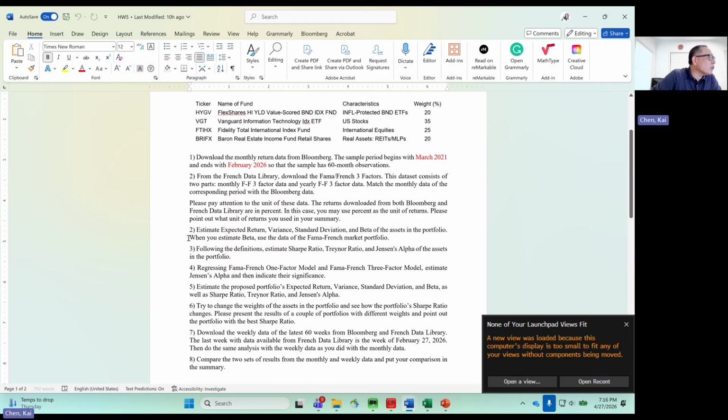From step 1, I think here there is a typo. There should be 1, 2, 3. This one should be 3, right? This one should be 3. And this one is 4, and then this one is 5, 6, 7.